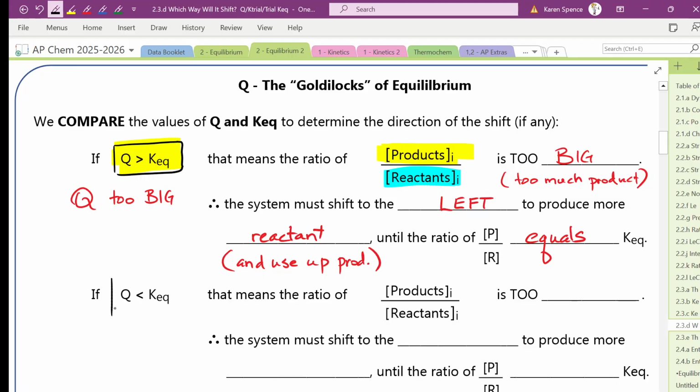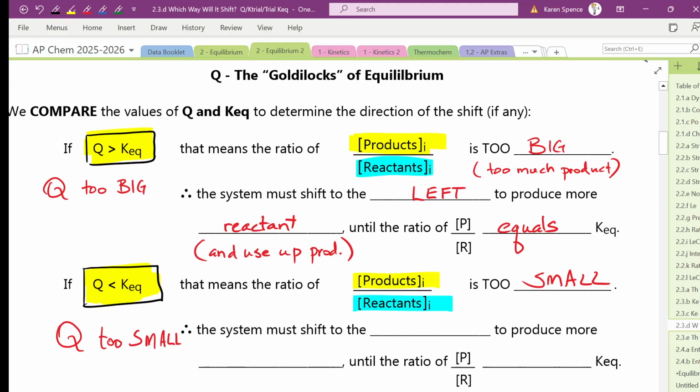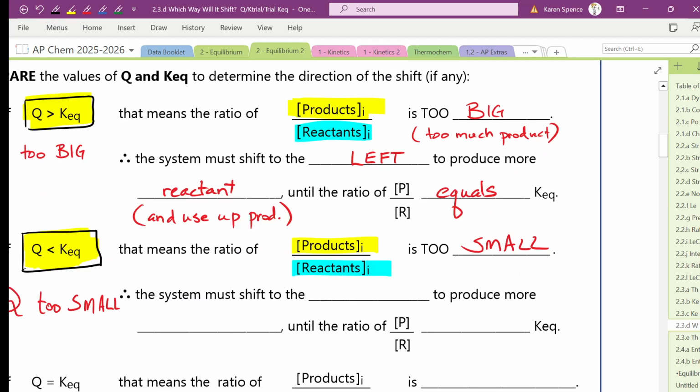Now, if Q is smaller than KEQ, in other words, if Q is too small, that means that our ratio of products to reactants is too small. And if it's too small, we have not enough product, right?